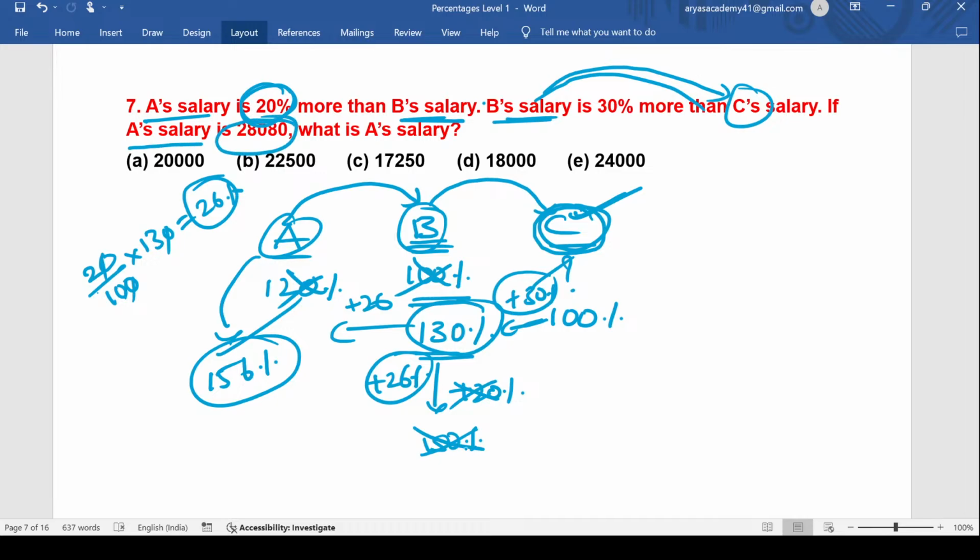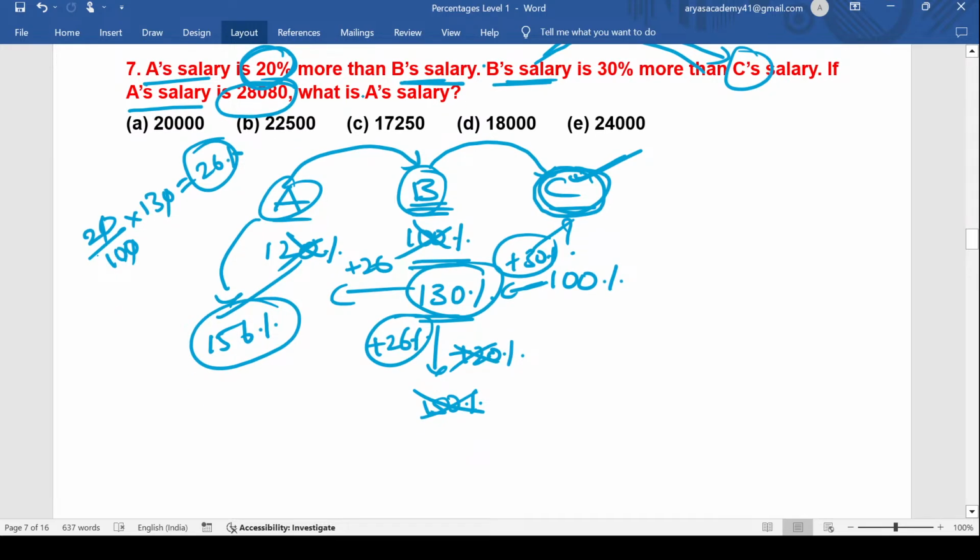If you read the question further, it has been clearly stated that the salary is 28,080 rupees. What is A's? Oh, sorry, this is not A, it has to be either B or C. So I'll take it as C, or let's see how it comes out. We know A's salary in terms of percentage is 156% and it has been given as 28,080.